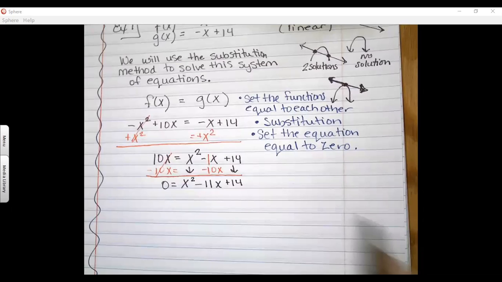So now we just have a quadratic equation that we need to solve. We know we can solve it by factoring, quadratic formula, or completing the square. Okay? Write that down real quick.